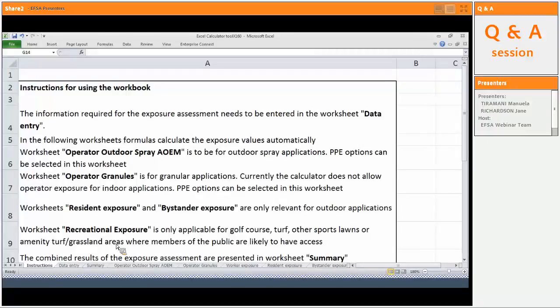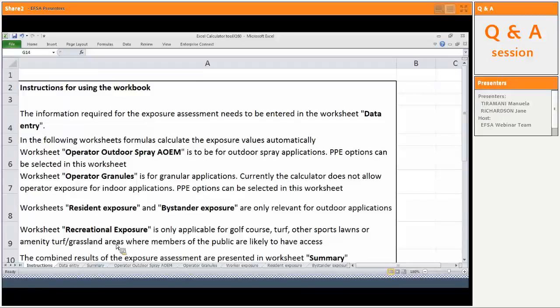Having said this, the Commission, I'm pretty sure, will consider this, and you at the national level might also. But today we decided to focus only on the calculator for these specific aspects, because this is the aspect that we need to check.